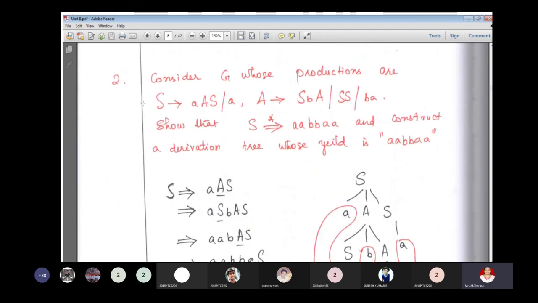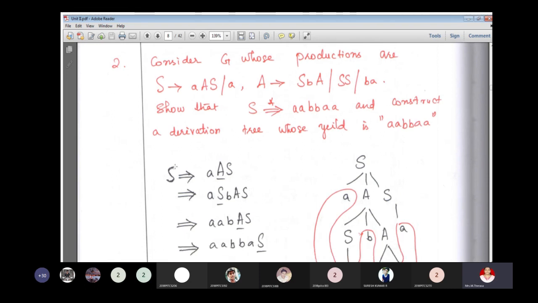Always you have to start with the start symbol. So start symbol S. We can replace this S by aAS. Next, you can choose this A to replace by any of its production rules. So here you can replace this A by SbA.